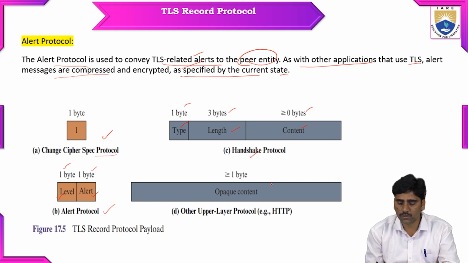Last is the opaque content, that is, other upper layer protocols such as HTTP, SMTP and so on. This is one field, greater than or equal to 1 byte.